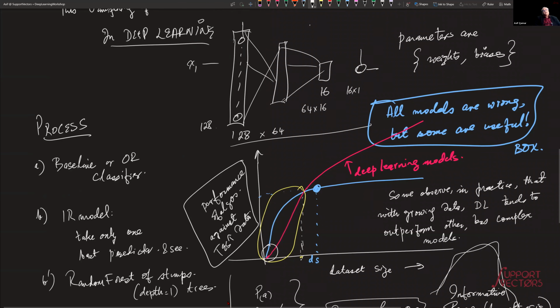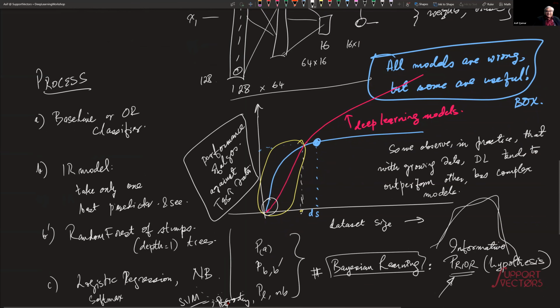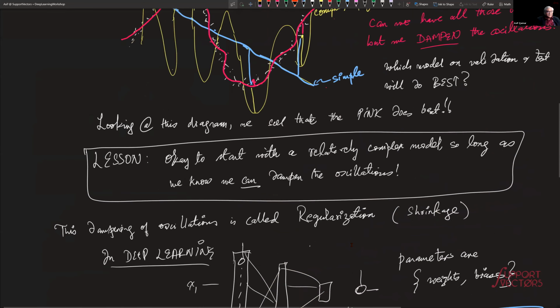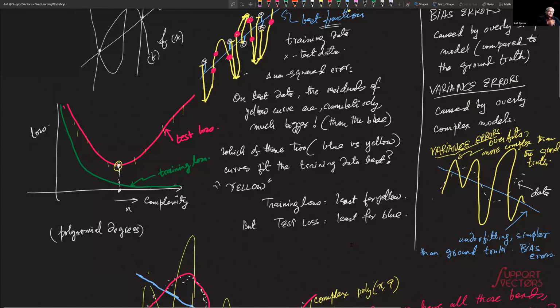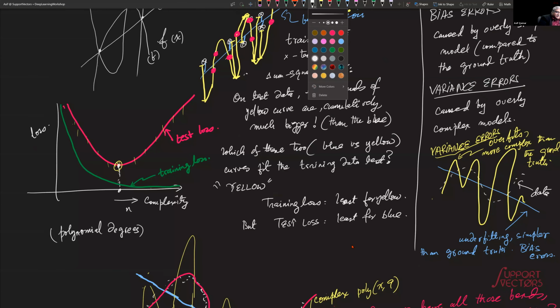Yes. See, there is one practical way to know, which is quite simple. Look at this curve here. When you have made a model that is too complex, what do you observe? Your training loss is much smaller than your test loss.